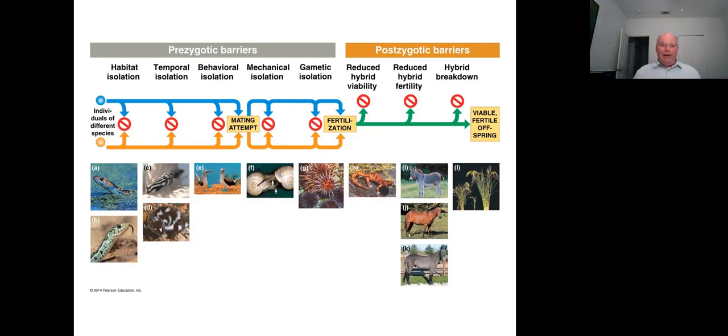So that's some background to speciation. That gives you an idea of what we are looking for when we want to identify whether speciation is taking place or not. We look for the presence of these reproductive barriers, and we look to see whether those reproductive barriers are creating reproductive isolation.